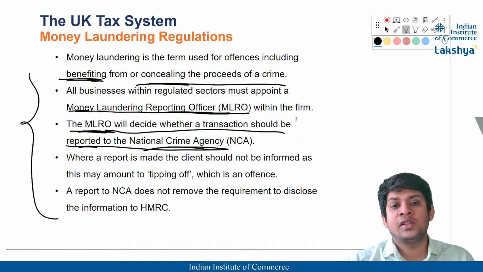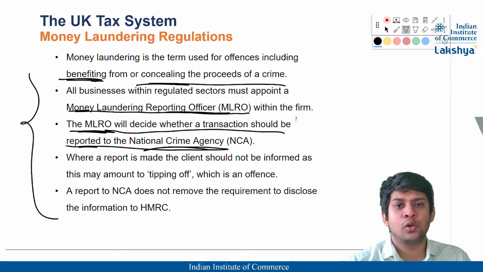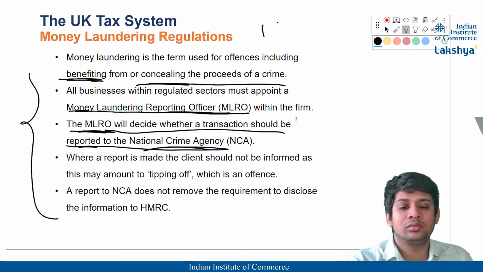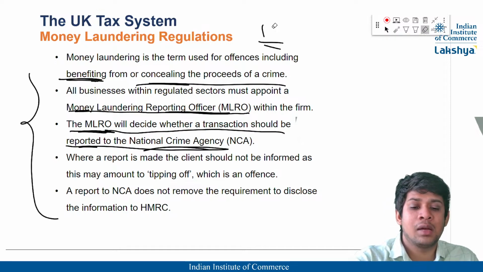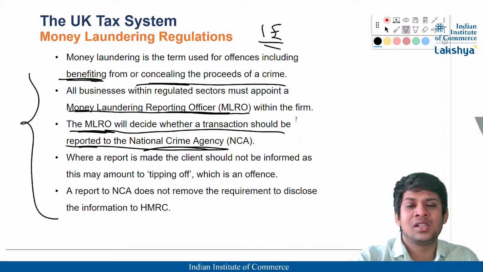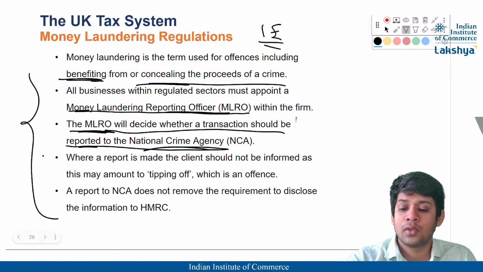If in case he finds any fraudulent activity, he will report it to the National Crime Agency. It is upon his discretion whether he wants to report it or not. He will obviously report it, but if it's a difference of £1 or a very small amount, then he will say that okay, this is just a misstatement here and there. We can ignore it, so I will not report it to the National Crime Agency.